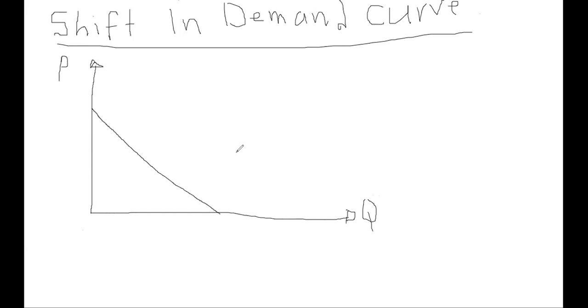When we talk about shift in demand curve, we are talking about movement. Let's assume this is the original price, and the quantity is this. When we talk about demand curve, obviously we are saying that the price is constant. So the shift is the same as change in demand curve.